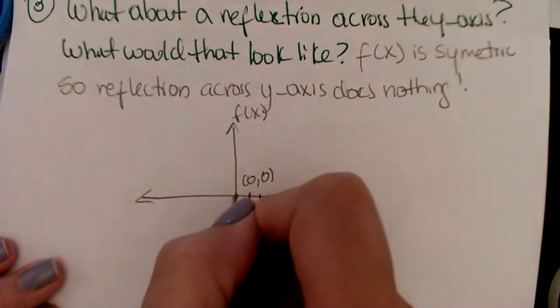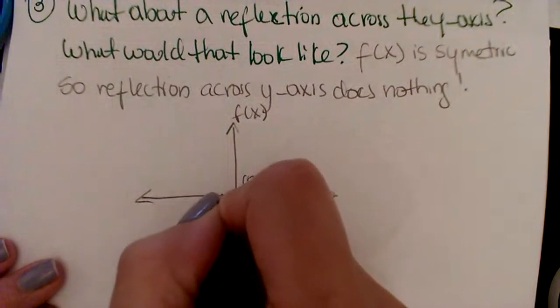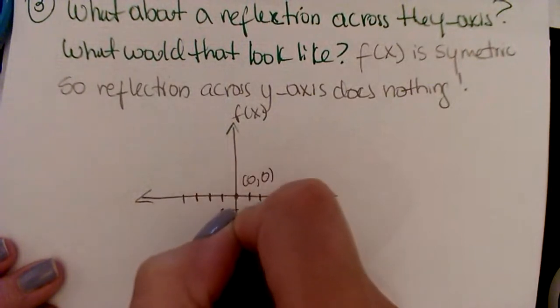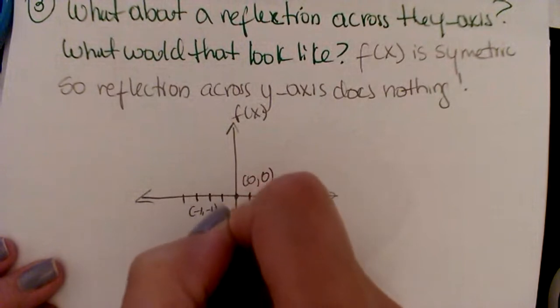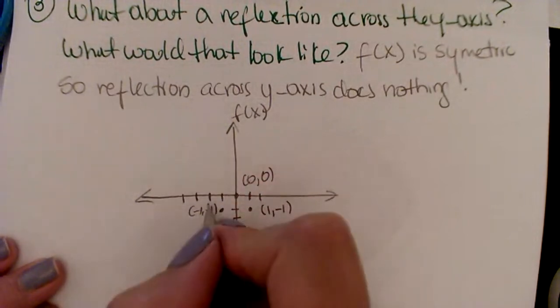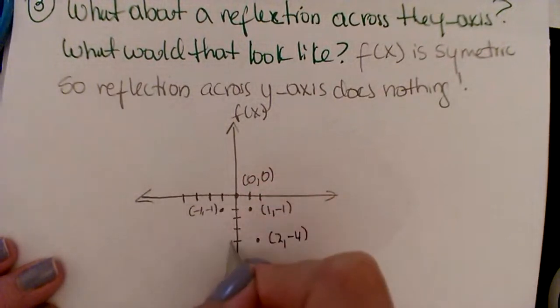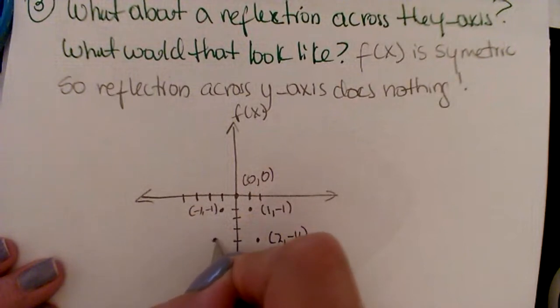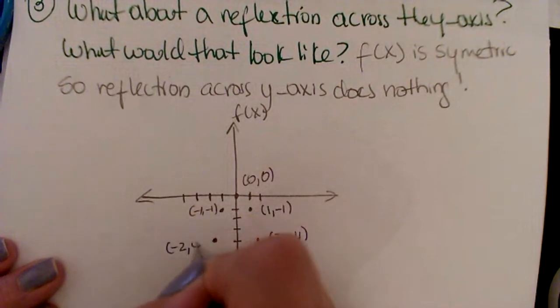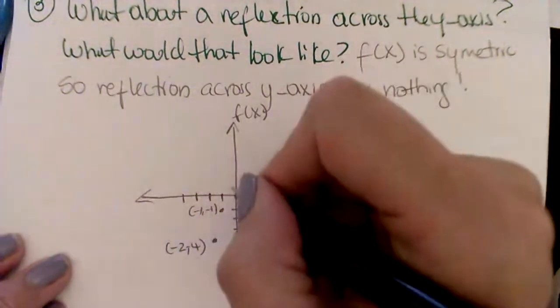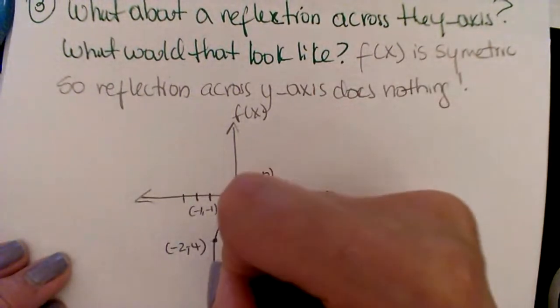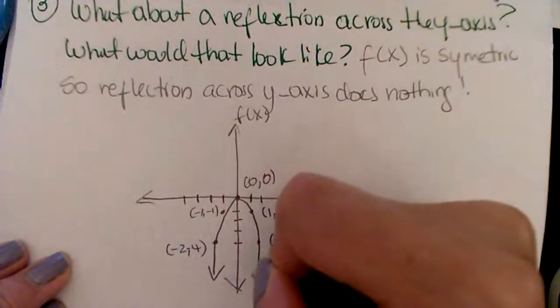And on this side we have 1, 2, 3, and 4. So we have both negative, negative 1 and negative 1, and we have negative 2 and negative 4. So this is going to be like this.